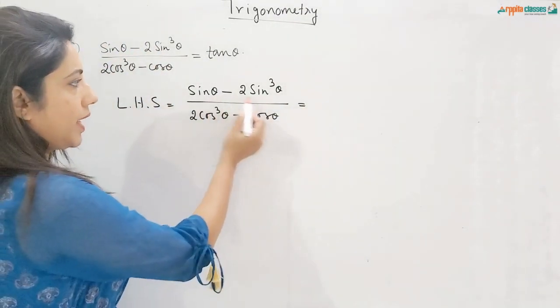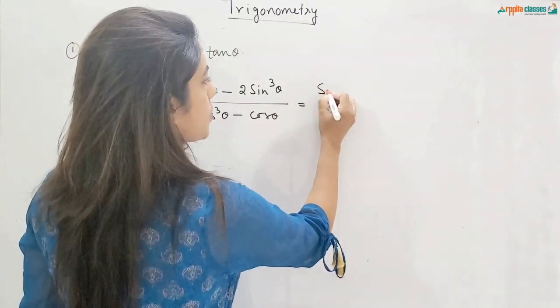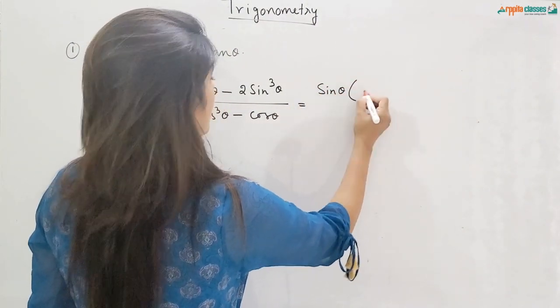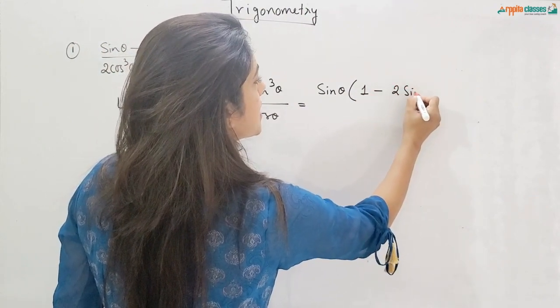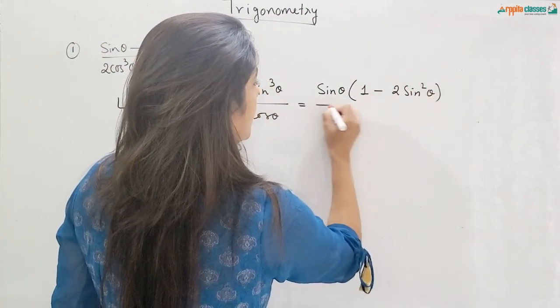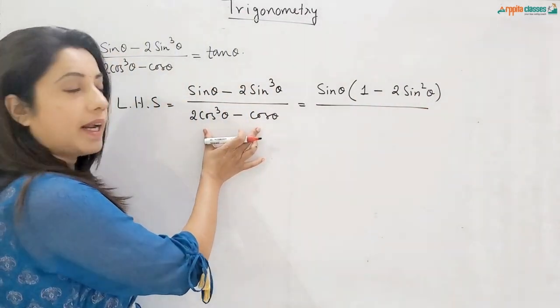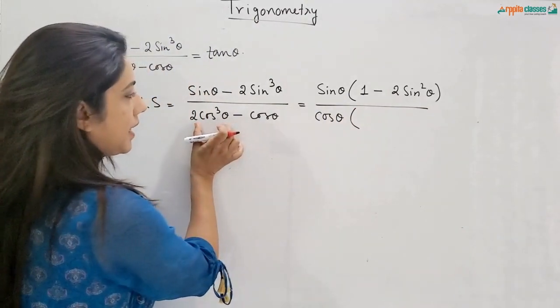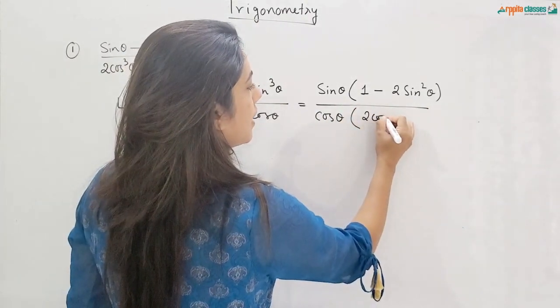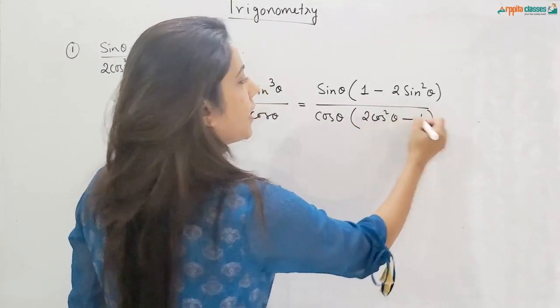From the numerator we can take sin theta common. Inside the bracket I get 1 minus 2 sin square theta. From the denominator I can take cos theta common. Inside the bracket I get 2 cos square theta minus 1.